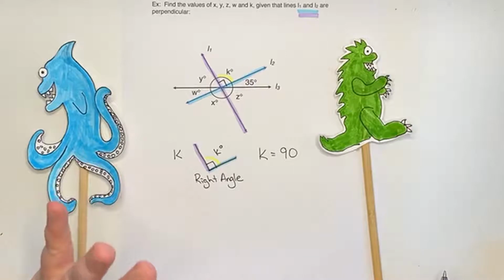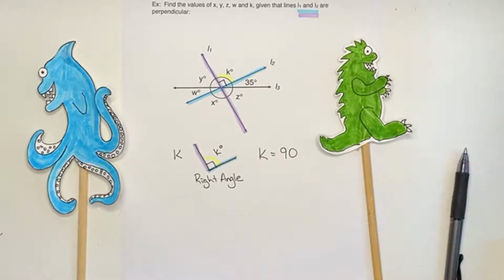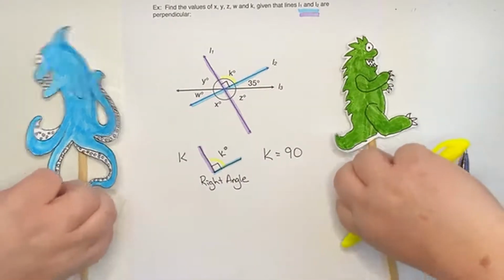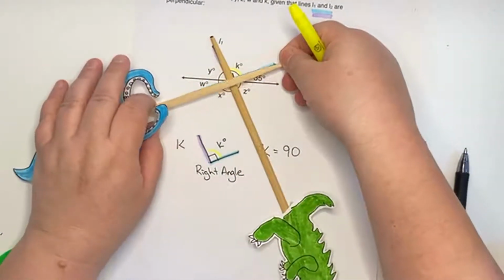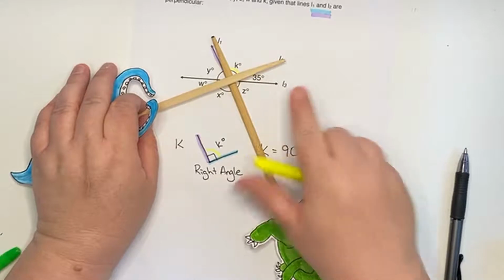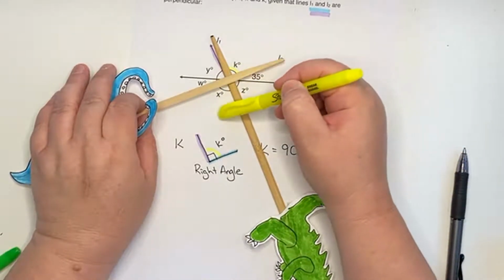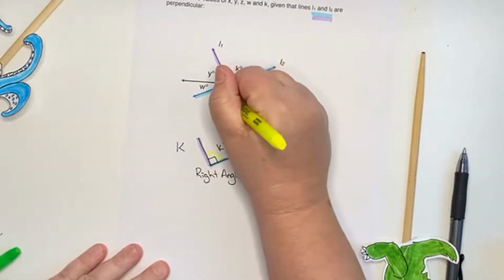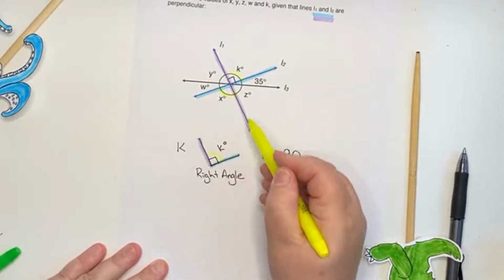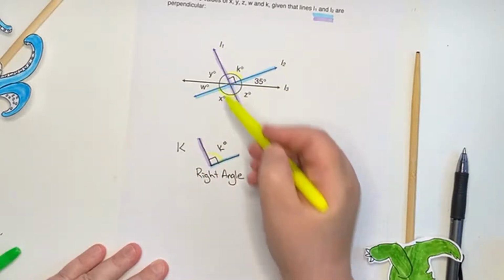Okay, so we can approach this a couple of different ways, because there are all sorts of things going on in this beautiful, really cool picture. For example, if I look at my two lines, L1 and L2, and I ignore L3, I see that K and X appear to be vertical angles, because X is also the angle between L2 and L1.